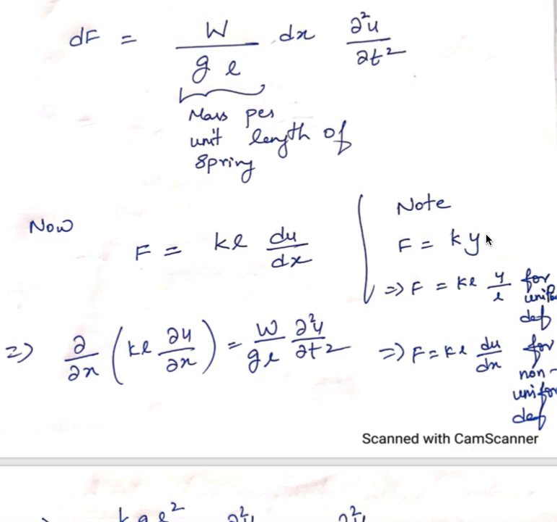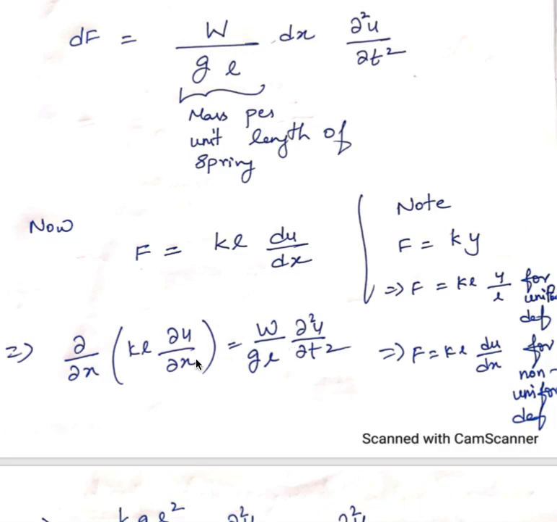But when we have a dynamic condition, then the spring deformation is different at different points, and the force is related to deflection through the relation F equals KL into du by dx. So for a small section of length dx, du is the change in length of that particular section.